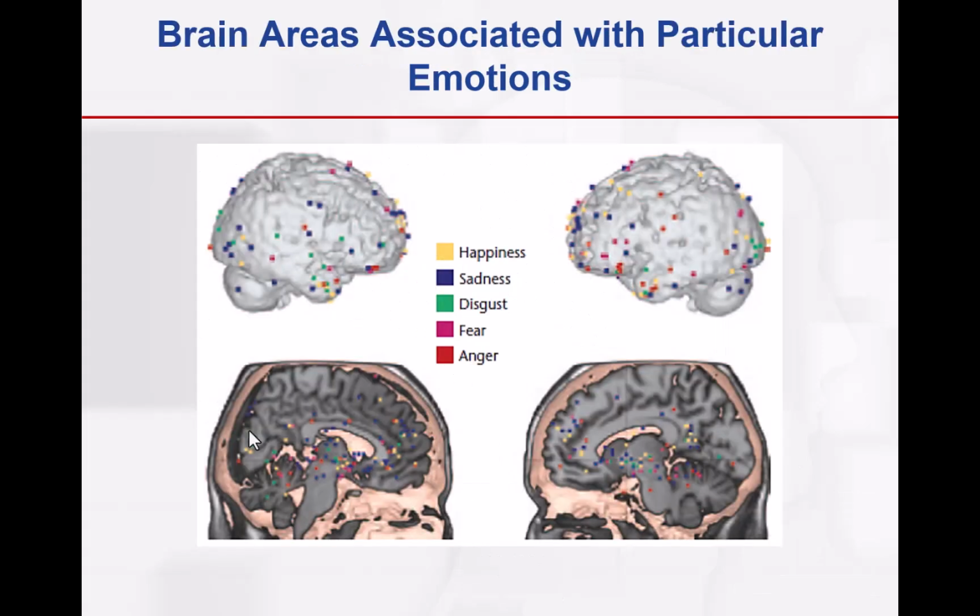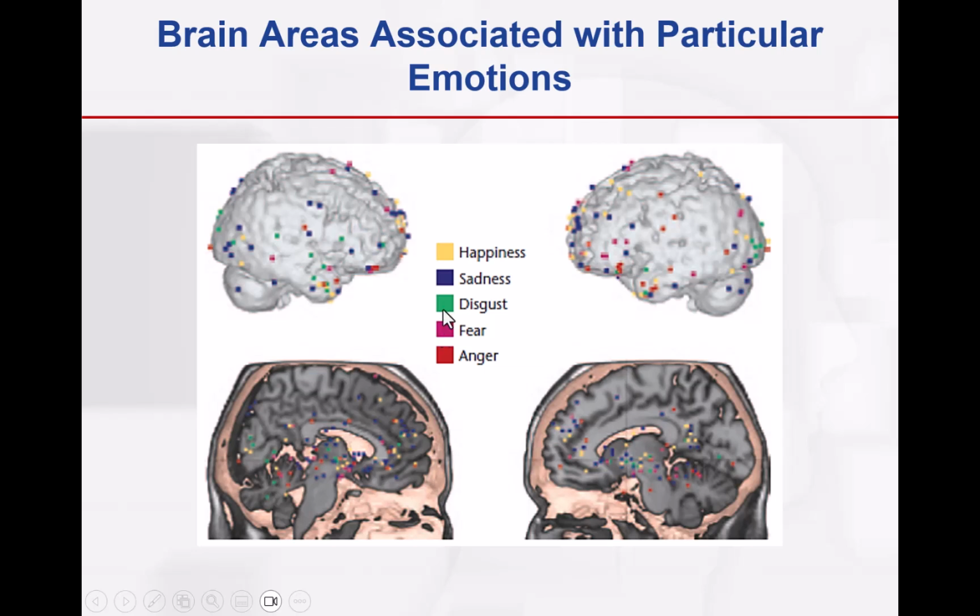Now, this image here is a recent review of brain imaging studies that indicated really no strong evidence that one particular area is a localization for emotions, or that even there's one area for happiness and one area for fear and one area for surprise. So if you look here, these are the different colors that were activated during different emotions. And you can see here for happiness, really widespread all over the brain.